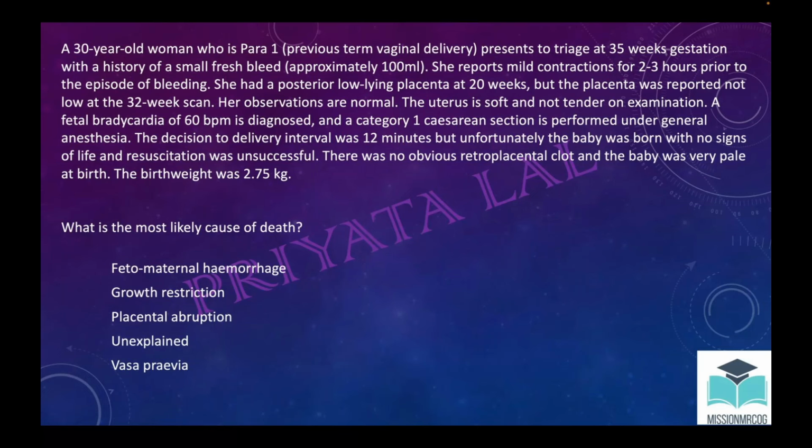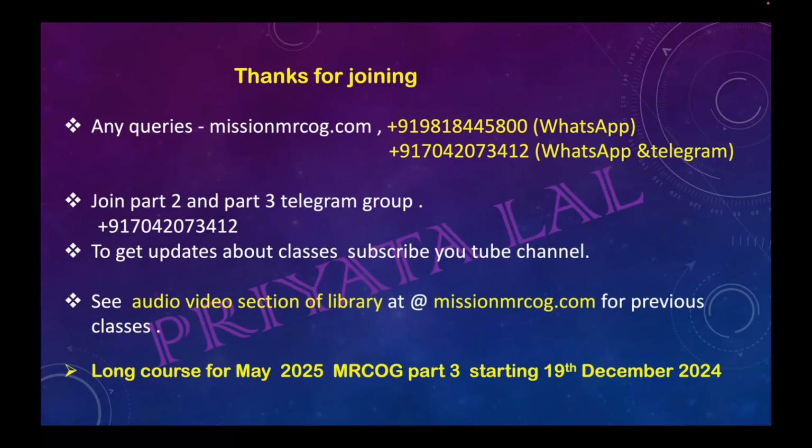Category 1 cesarean section is performed, but unfortunately the baby is born with no signs of life. No retroplacental clot. Baby is pale. That's clear, because there has been a fetal bleeding. The uterus has no problem. Baby has bradycardia and baby is pale. Okay, that's it, people.